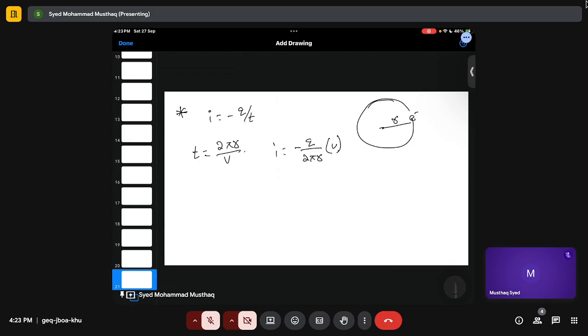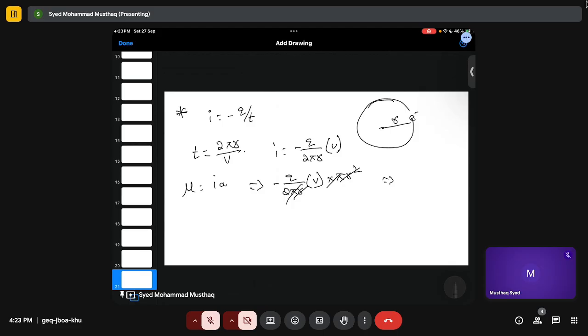Okay. Now, what is the magnetic moment? Magnetic moment will be given as current times area of the circuit, area of the loop. Okay, then minus q by 2 pi r times v times pi r squared. The pi gets cancelled, and one r gets cancelled.